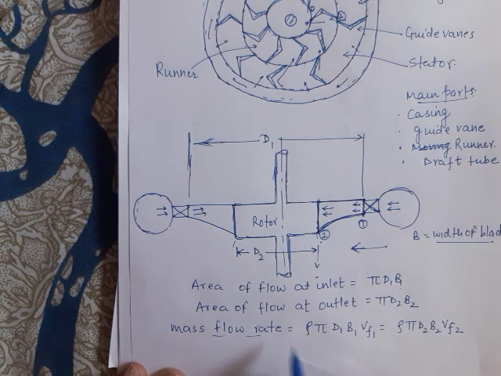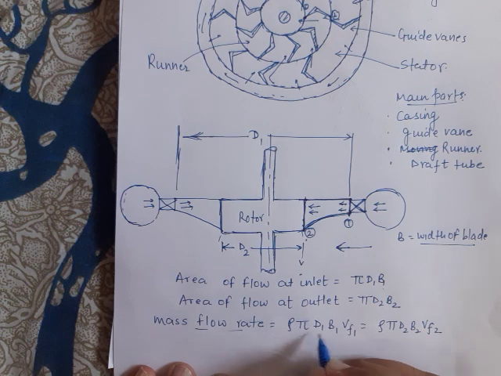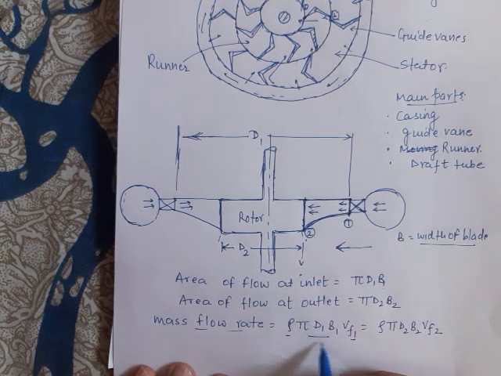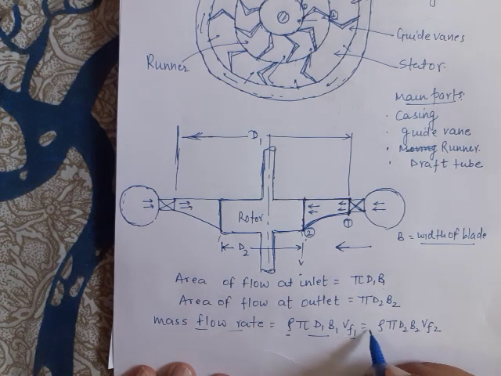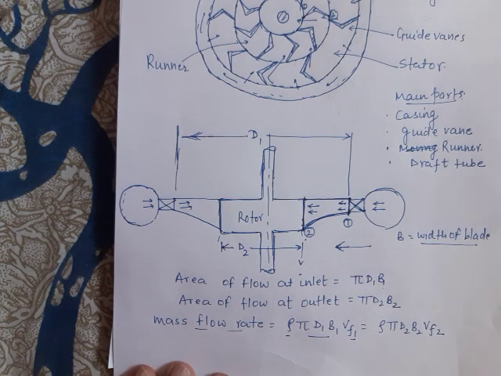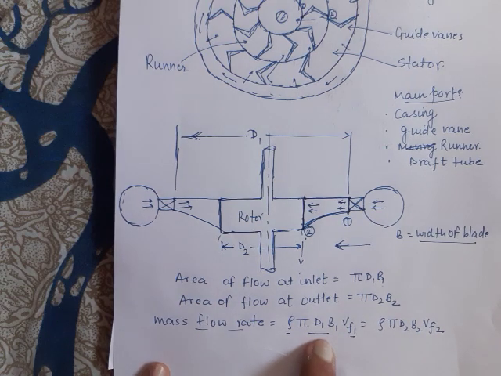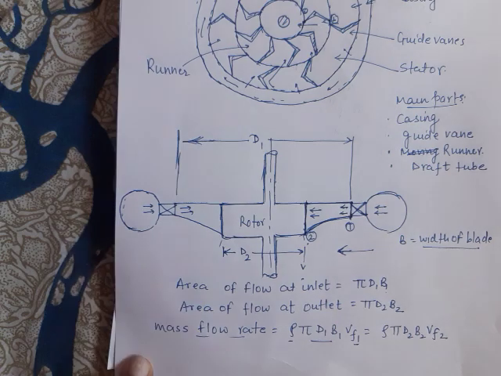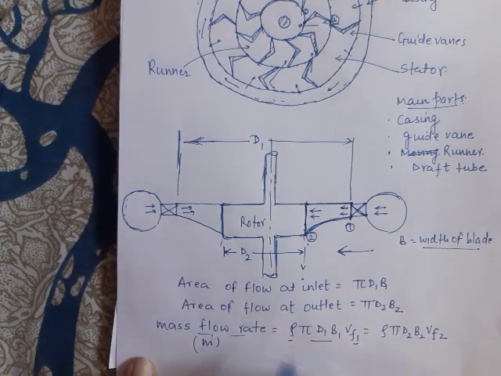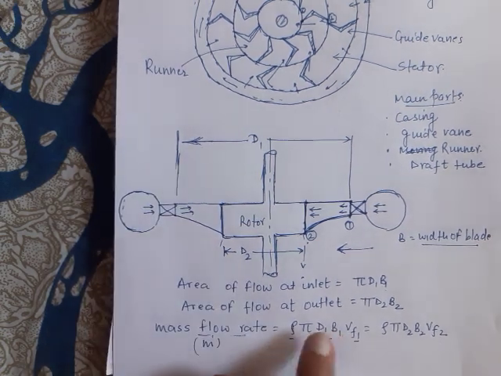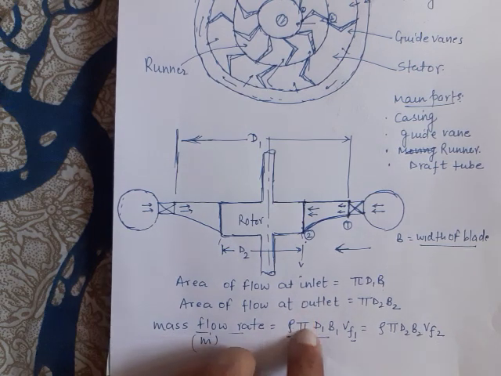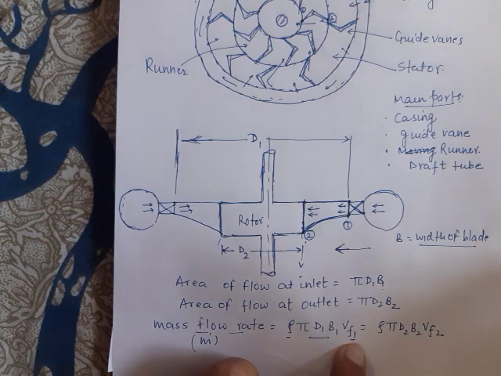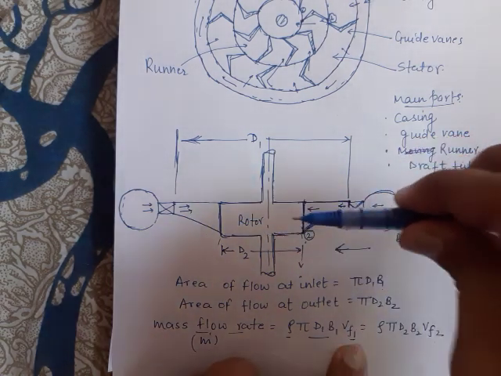Hence the mass flow rate can be calculated as rho a v, that is rho pi d1 b1 into vf1, which equals rho pi d2 b2 vf2. This is the formula for mass flow rate in a radial flow reaction turbine. Rho is the density, the area of flow is pi d1 b1 at inlet, and vf1 is the velocity of flow at inlet, because in the radial direction the velocity of flow is vf.